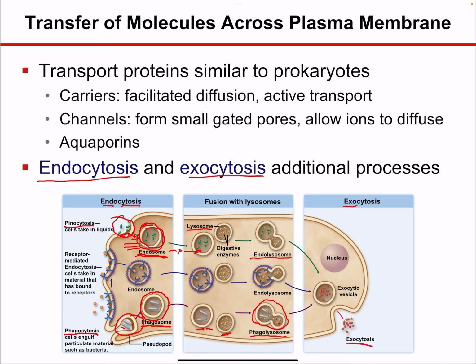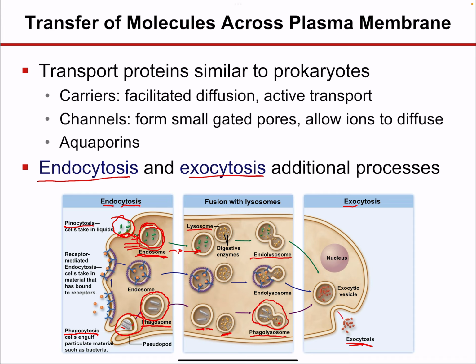The enzymes in that structure are going to cut down all the material that was brought in, and after breaking all these parts down, they're going to be sent out by exocytosis if needed.